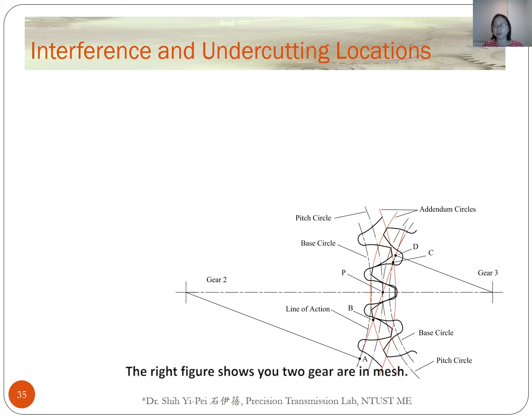This figure shows you two gears in mesh.